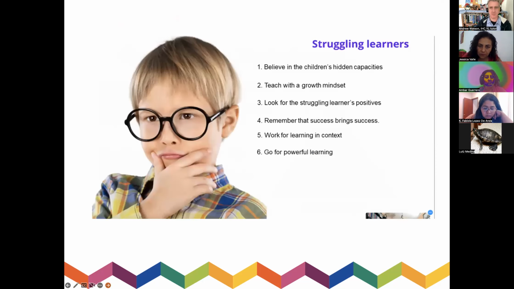All right, a motivation. Okay, so here are some principles regarding struggling learners. We've got to bear in mind that we need to believe in the children's hidden capacities. We teach with a growth mindset.